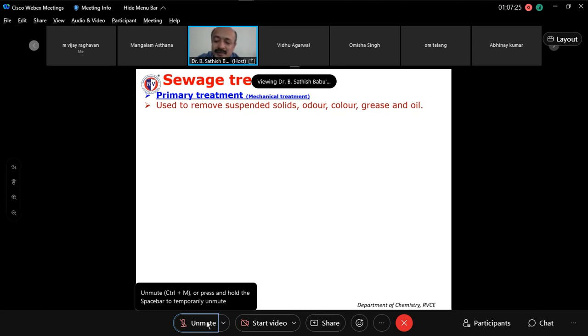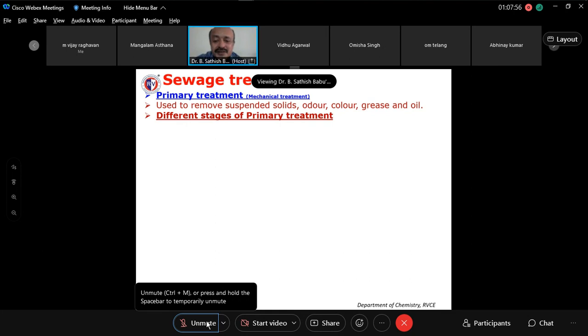And also some other suspended particles will be there, like coloring agents, right? All those things should be removed in this primary treatment. So this primary treatment is used to remove suspended solids, and also odor, color, grease and oil you can remove. Some oily impurities also can be removed in this first stage only.